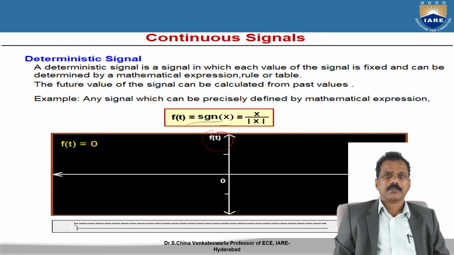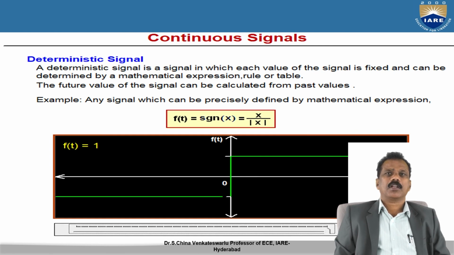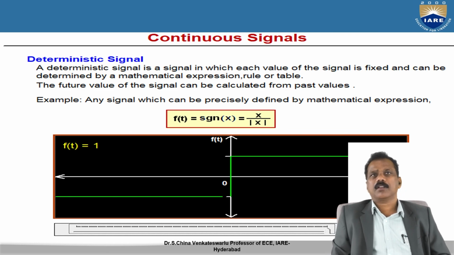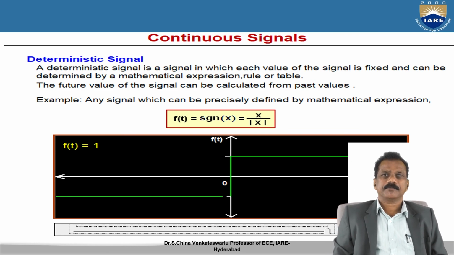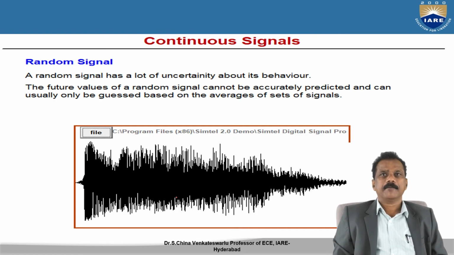Next step, t equal to 100, what happens? Then f of t equals 1. So we have to verify all the deterministic signals.